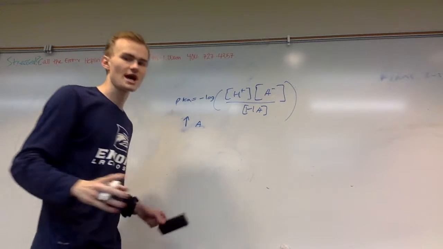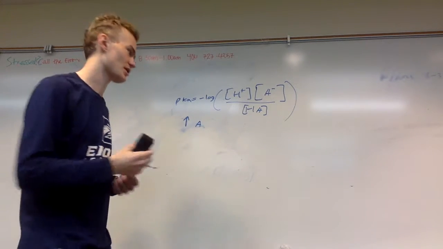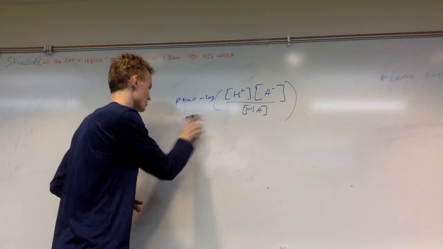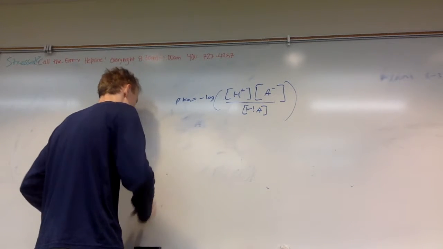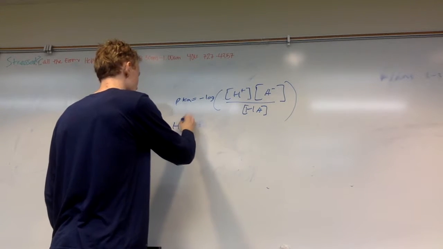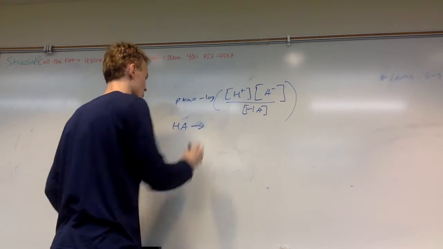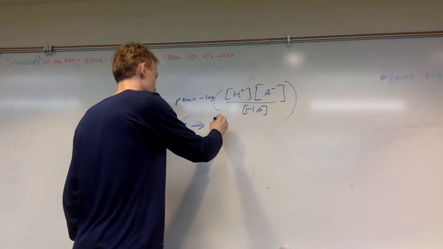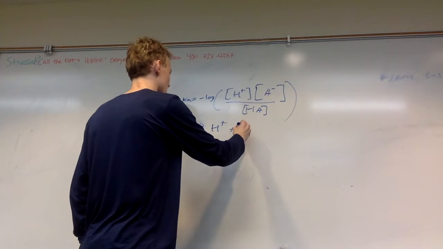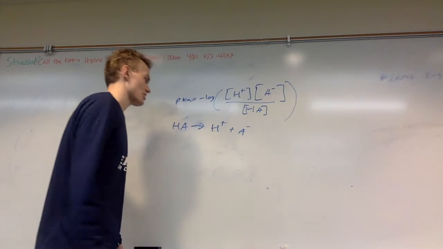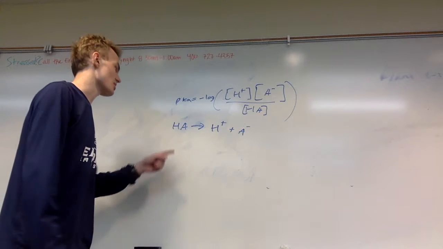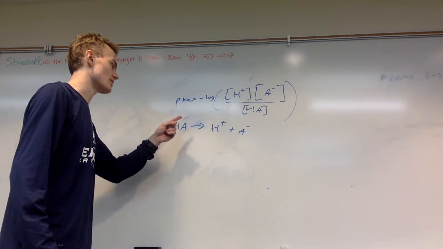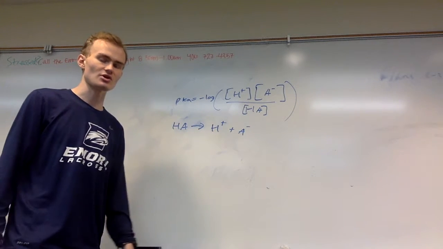Sorry, just to recap what an acid is and what a conjugate base is. When you have an acid, HA, all that happens is that when it's in water or whatever, it dissociates into H plus and an A minus, and A minus is its conjugate base.